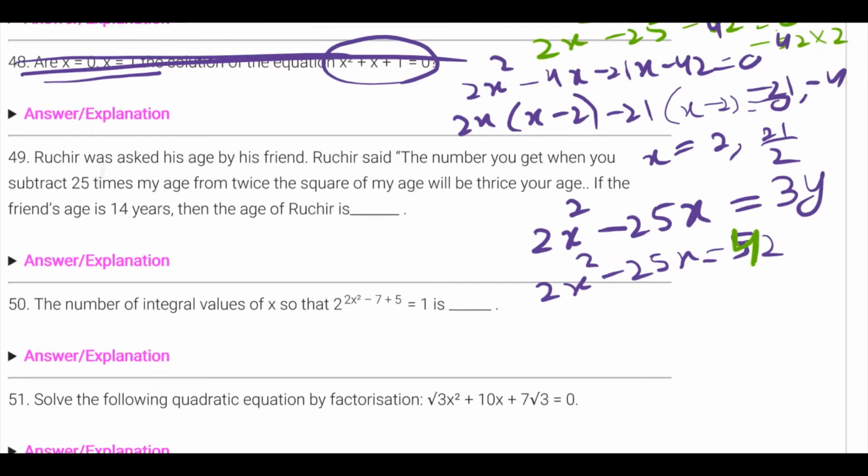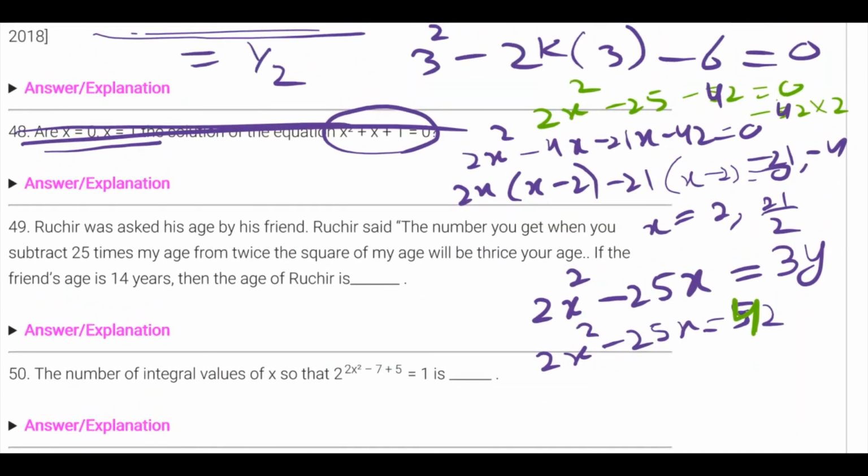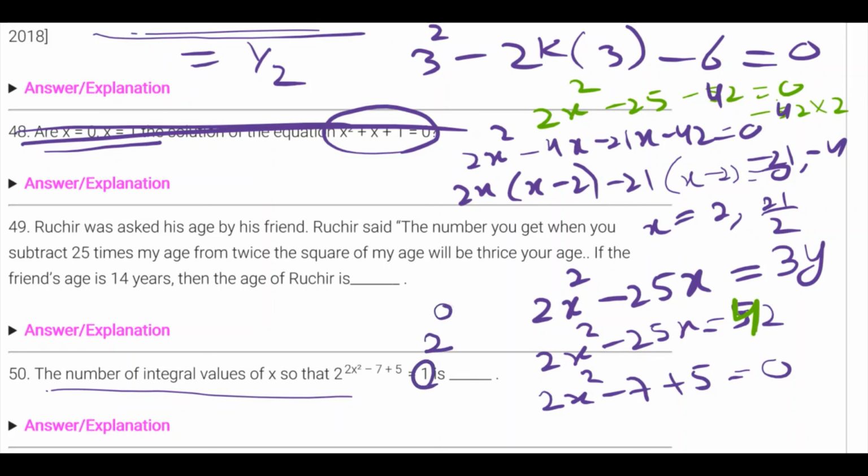So coming to the next question, which is the 50th question. The number of integral values of x so that 2 power (2x square minus 7x plus 5) equals 1 is. This will be 1 only when we have 2 power 0.